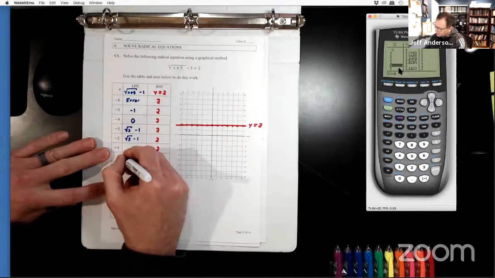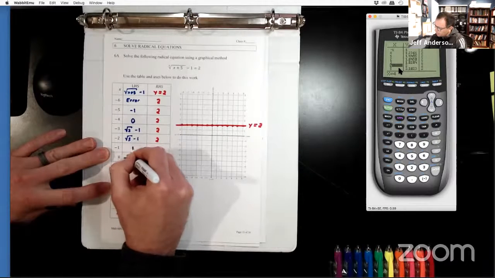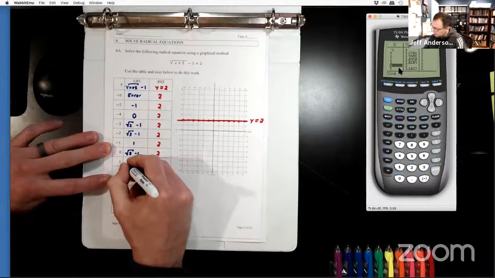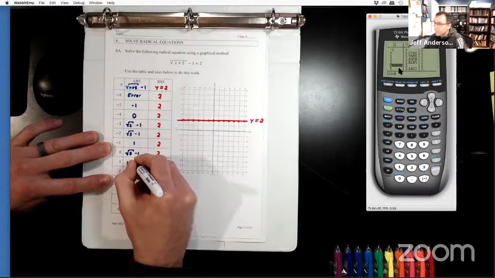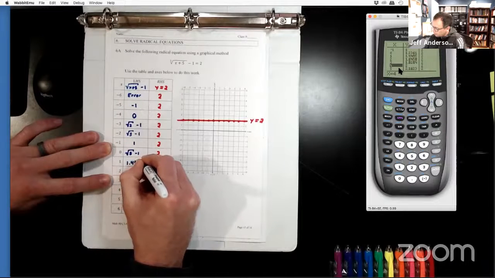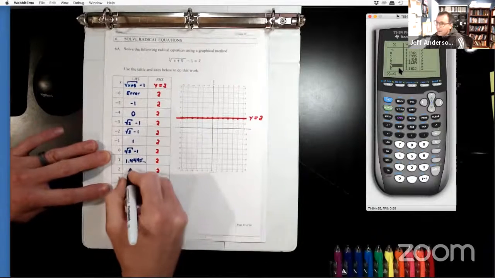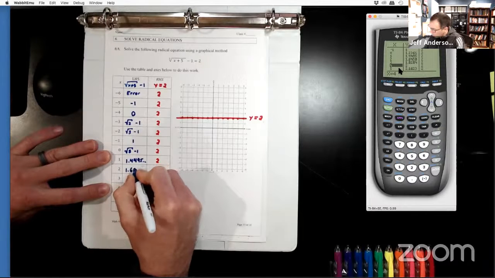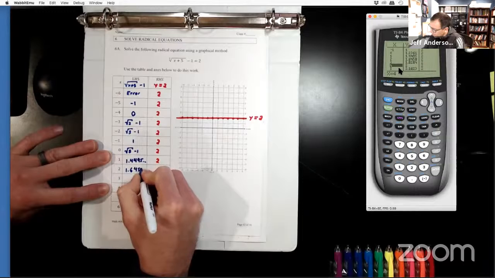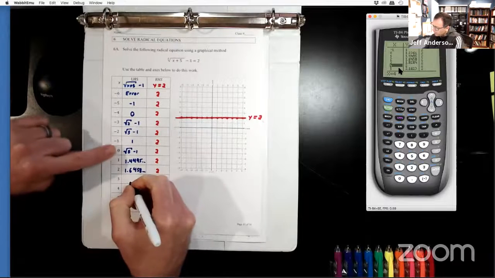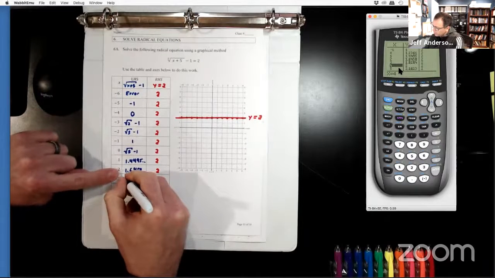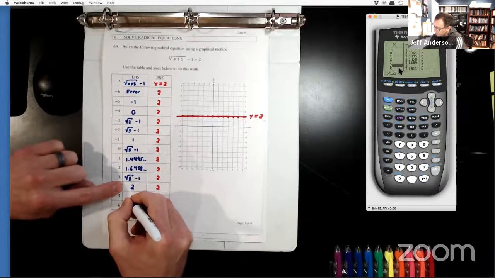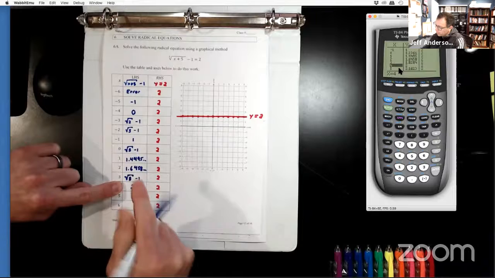So I'm going to guess that this is going to be like square root of 5 minus 1. And I suppose for fun, we could write this as 1.4495, and it goes on. This one is like 1.6458, and it goes on. Let's see, square root of 5, square root of 6, square root of 7. And then I guess this is going to be the square root of 8 minus 1, square root of 9 minus 1, square root of 9 is 3, minus 1 is 2.